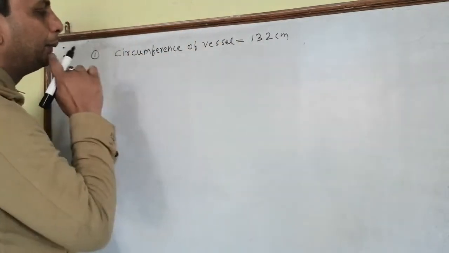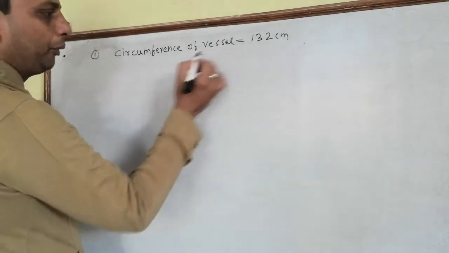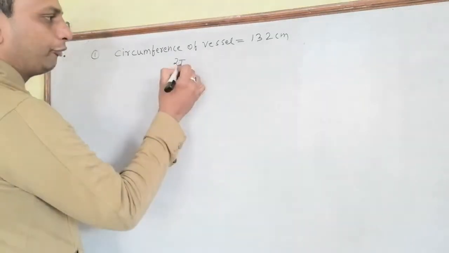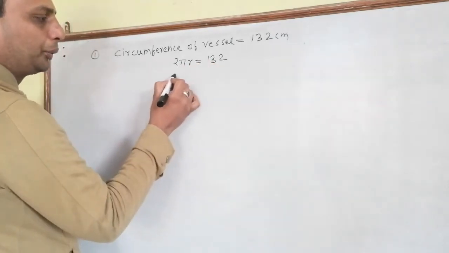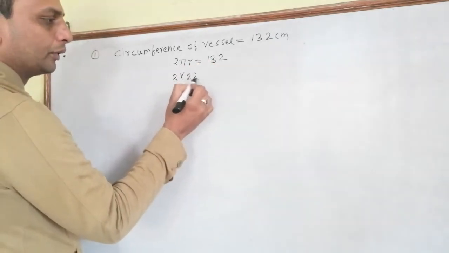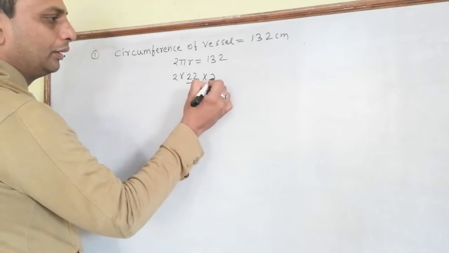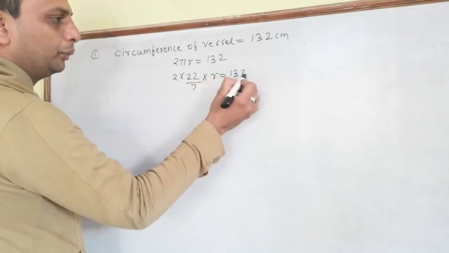With the help of the circumference formula, 2 pi r equals 132. So 2 into 22 upon 7 into r equals 132.